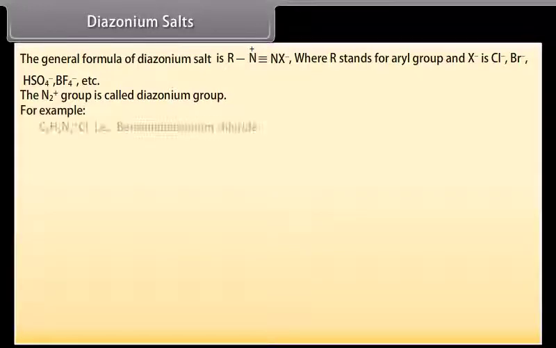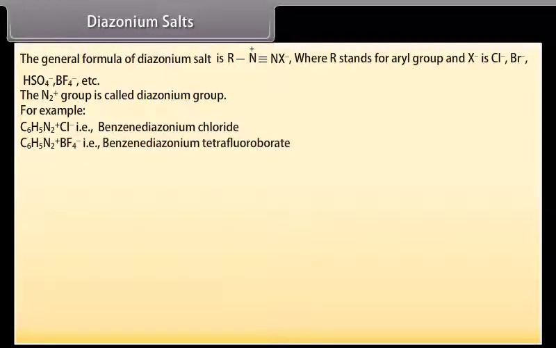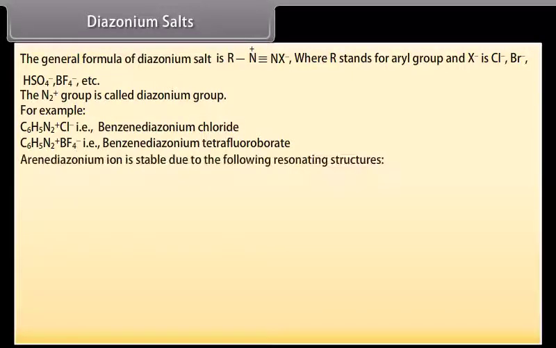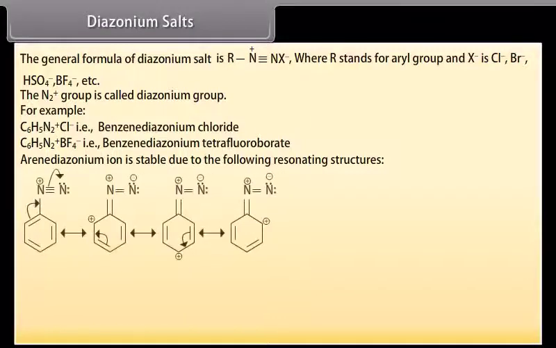For example, C6H5N2+ Cl−, that is benzene diazonium chloride, and C6H5N2+ BF4−, that is benzene diazonium tetrafluoroborate. Arene diazonium ion is stable due to the following resonating structures.